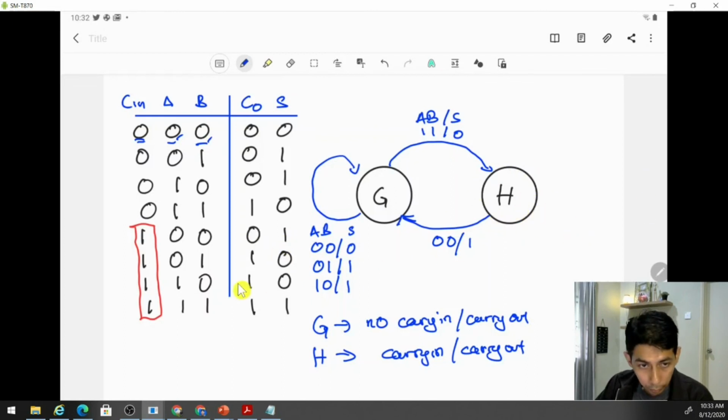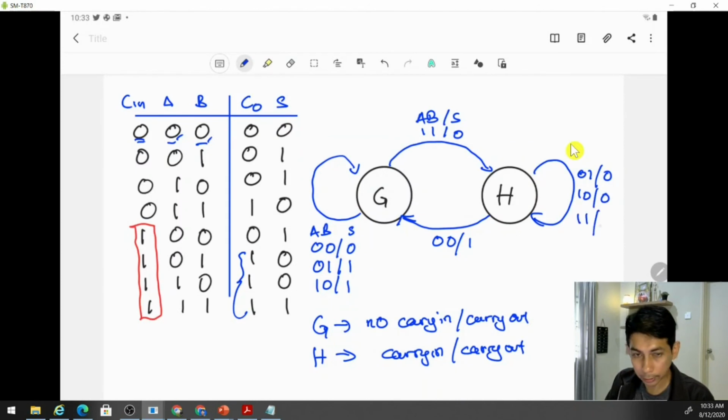And you can look at these three, where we have the carry, so we should remain at H. So we have 0, 1 where the output is 0, 1, 0 where the output is 0, and 1, 1 where the output S is 1.